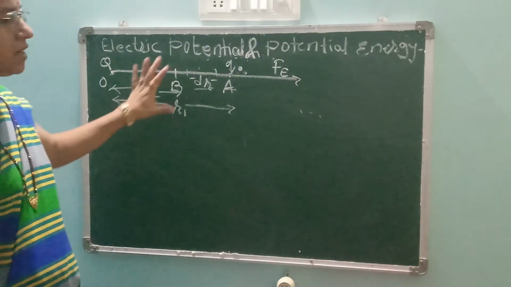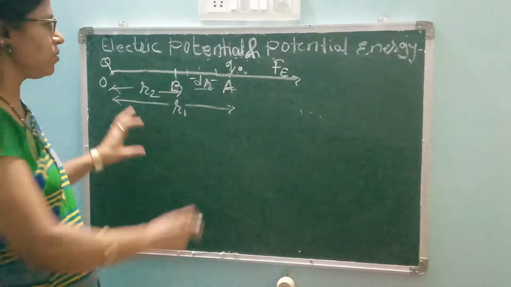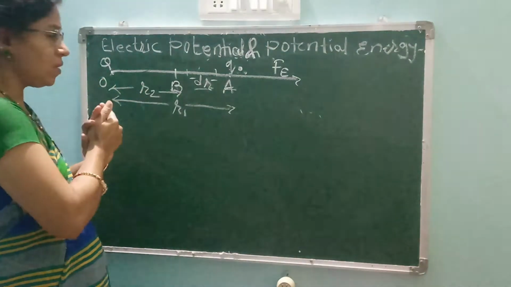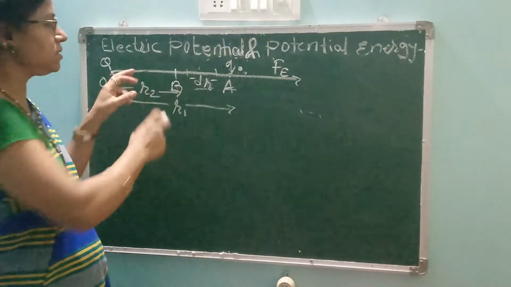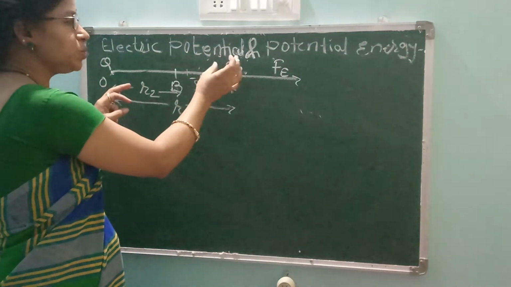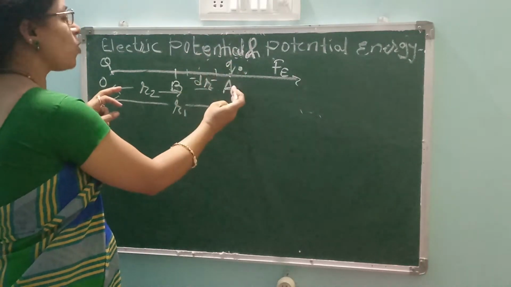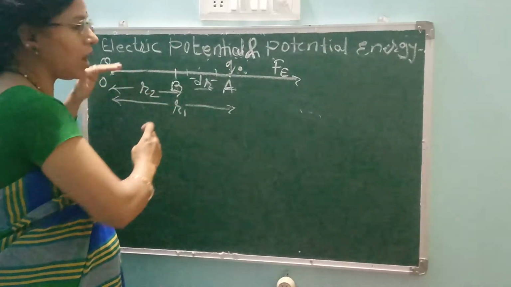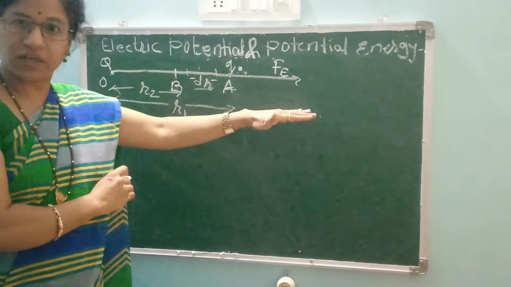So we have seen the diagram and the explanation of this diagram. Now the work done: the charge is displaced from point A to B, opposite to that of the electrostatic force.